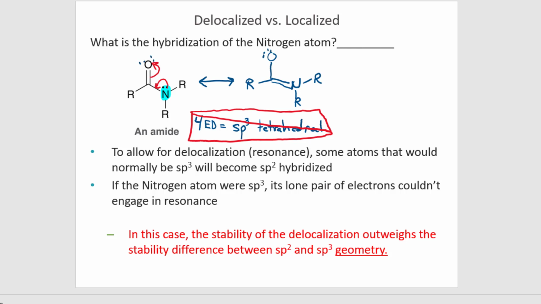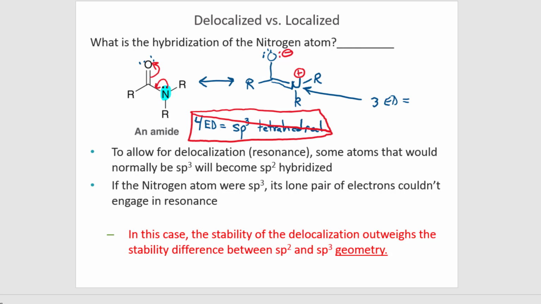Remember that now the oxygen's negative, the nitrogen's positive. Now what would you say the nitrogen's hybridization is? Well, it has 3. It's got a double bond, that's 1 electron domain, and it has 2 single bonds. So it has 3 electron cloud domains.